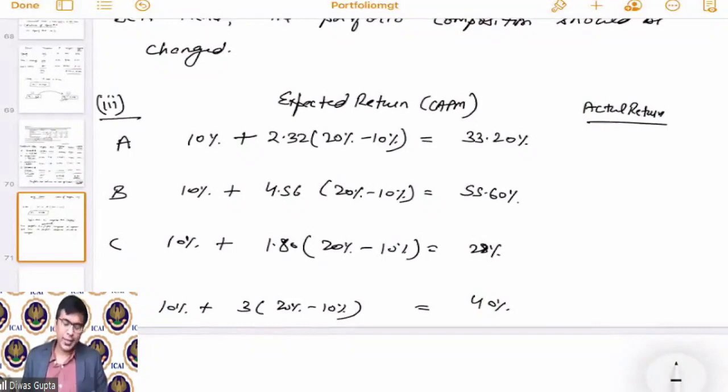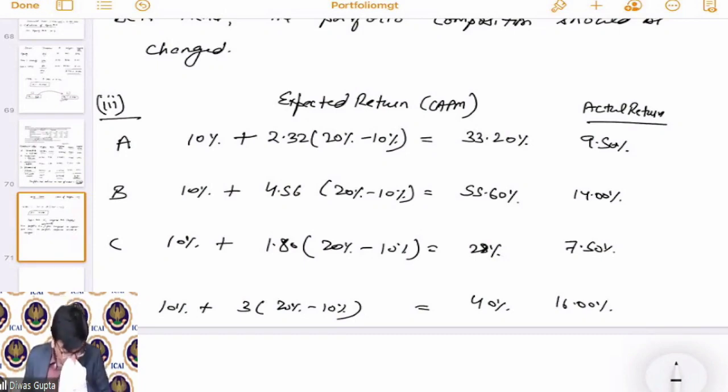So the actual return, I am just plotting what is given in here: 9.5, 14.0, 7.5, and 16 percentage. This is what the actual return is. Now, if you compare, actually the return that we are getting is lesser. So this return is lesser in all the shares.